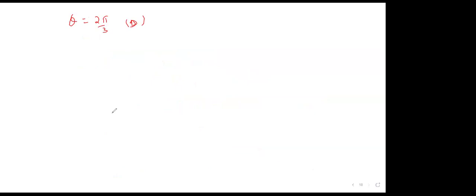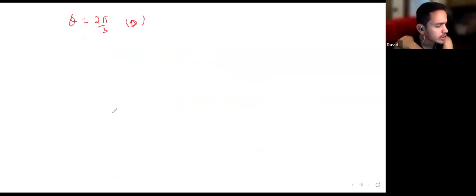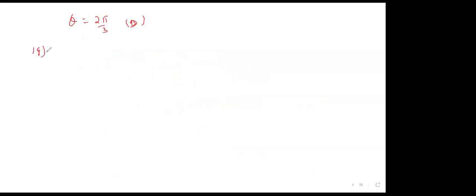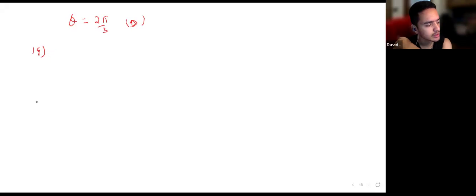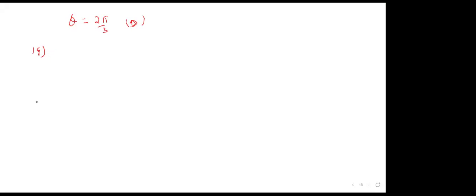Okay. Question number 18. The value of I dot (J cross K) plus J dot (I cross K) plus K dot (I cross J). So how will you do? See, we have I dot J cross K. J cross K is I cap.